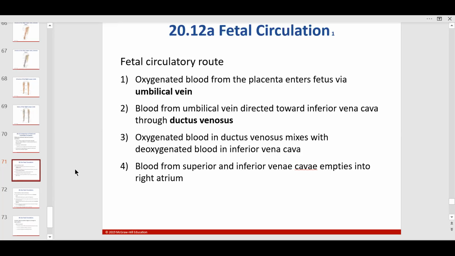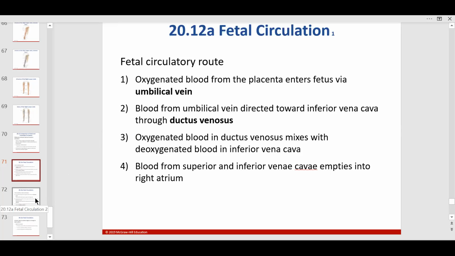So fetal circulation, you don't need lungs. You're using mom's placenta, right? So you're getting oxygenated blood via the umbilical vein from the placenta from mom. So there's actually blood passing between the left and right atrium, right? So oxygenated blood is mixing with deoxygenated blood.